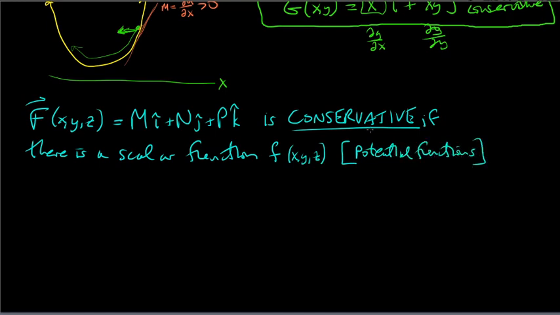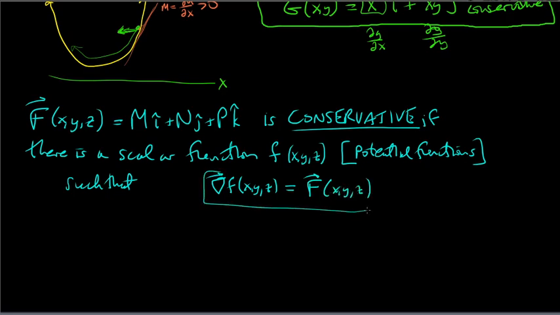for reasons I already mentioned, such that if I were to take the gradient of this scalar function, without the minus sign, or with the minus sign, doesn't matter, but we'll do without the minus sign, you get the original vector field. Okay.